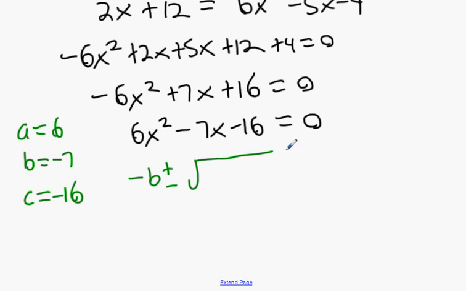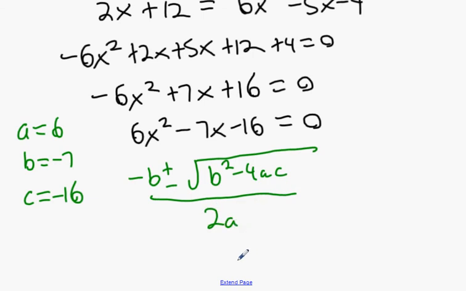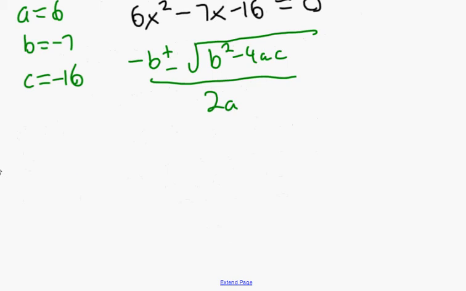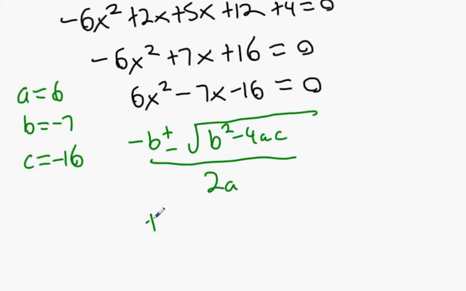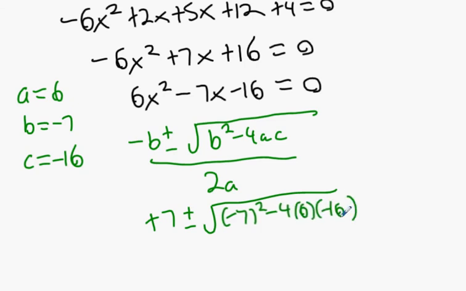You could factorise, but it looks very difficult. If it's that difficult, I'd err on the side of caution, like just do the minus b. So plus 7 plus or minus the square root of b squared minus 4ac. b squared being minus 7 squared minus 4 times 6 times minus 16 all over 2a.